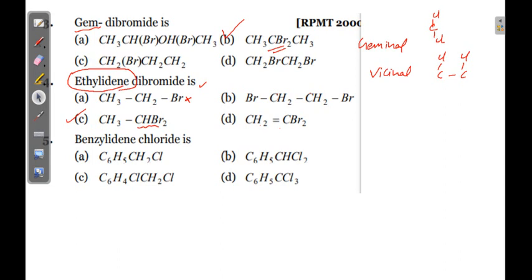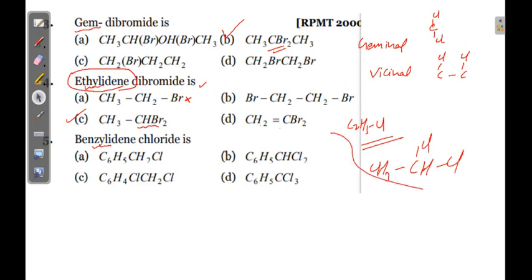Next, benzylidene. Benzyl: on the benzyl carbon, two halogens are there. This is the ethyl carbon, here benzyl. Ethyl means C2H5. C2H5Cl is ethyl chloride. CH3, CH, Cl and one more extra chlorine is the ethylidene chloride.